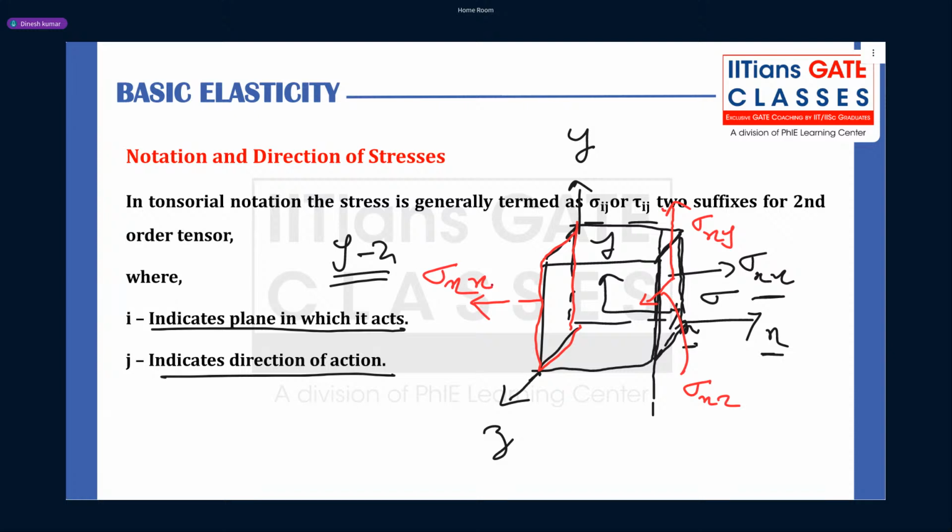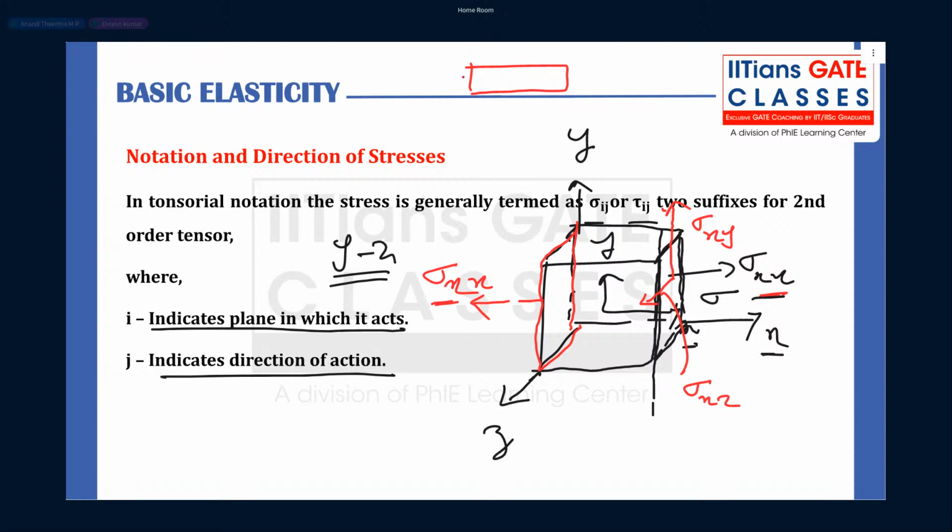Now tell me, is this sigma xx a tensile stress or a compressive stress? Tensile, right? What is the definition of tensile stress? Force acting normal to the plane.